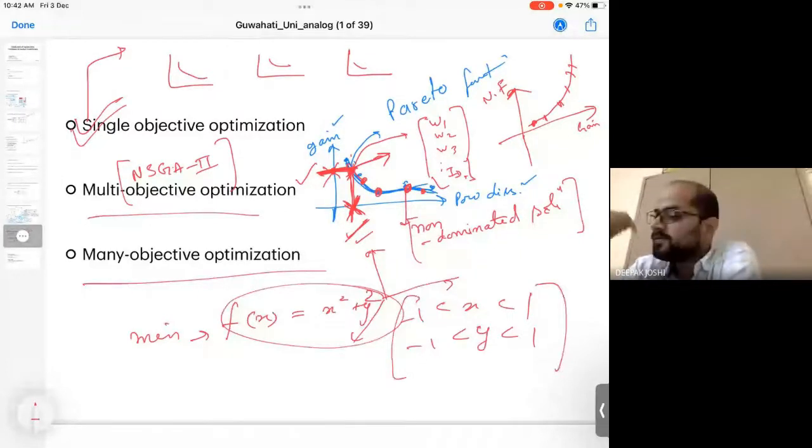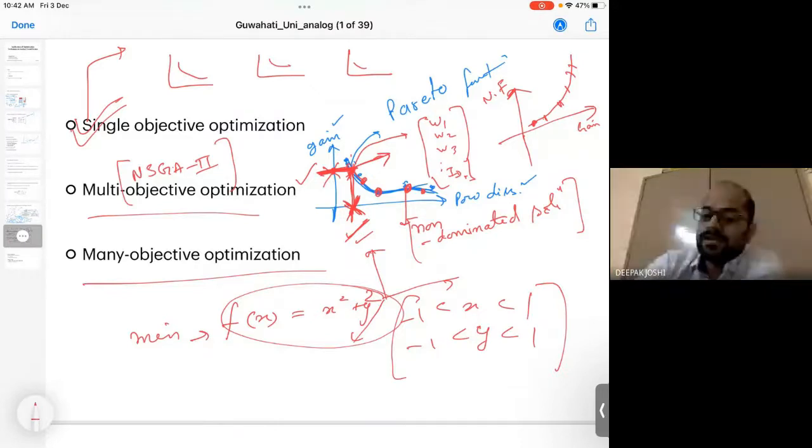Okay, whatever the area which is bounded under the curve, under the Pareto front. Okay, so we have to decide the superiority of the algorithm, or superiority of the results, according to such parameters. Okay, diversity and density.